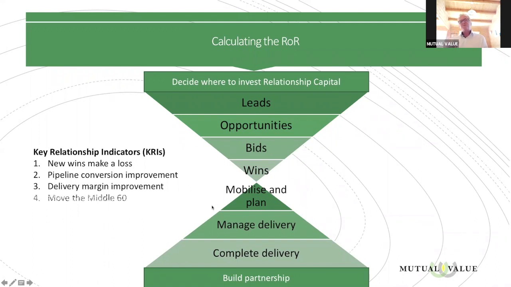And fourthly, if some people know how to make good relationships in your business, how well are you translating that into being business as usual? We call that move the middle 60. So those are the 4 key relationship indicator areas we're going to look at. Let's get straight into it.